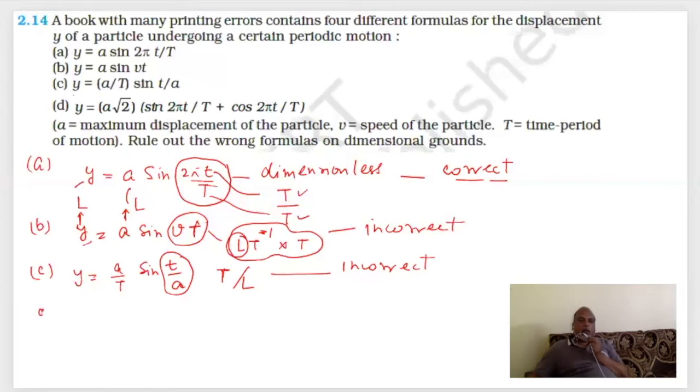Then let us say D: y is equal to a root 2 sin(2 pi t upon T) plus cos(2 pi t upon T).